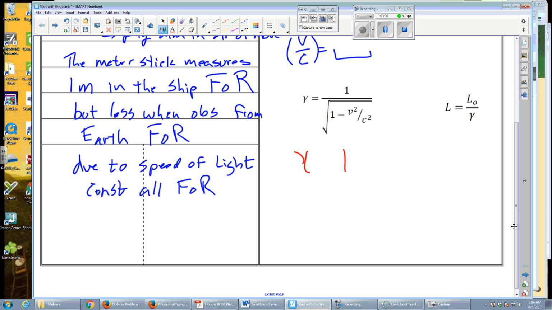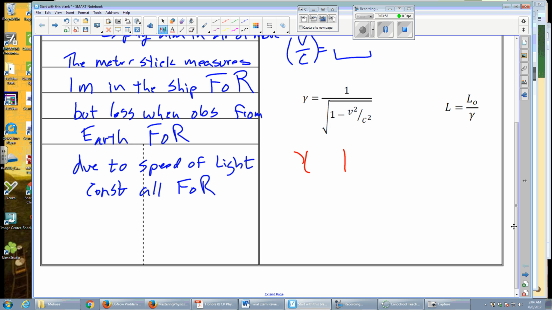Well, how is v always related to c? Is it always greater than c, equal to c, or less than c? It's always less than c. So a smaller number over a bigger number, how's that related to 1? Less than 1. Less than 1 squared?